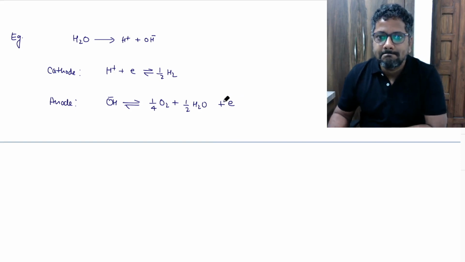See the balancing: 1/2, 1/2, 1, 1/2, 1. Now the equation is balanced.